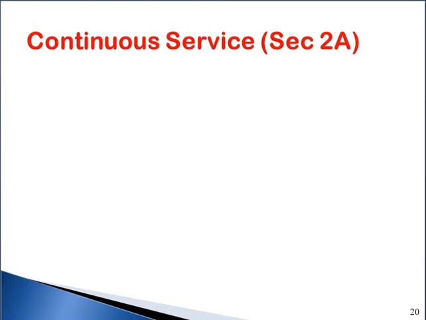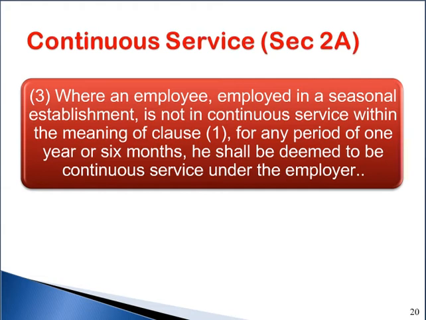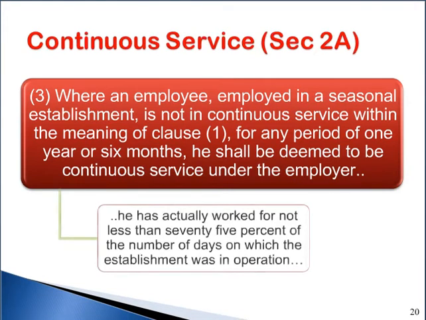The next part of the definition of continuous service deals with employees who are employed in a seasonal establishment. The definition states that where an employee employed in a seasonal establishment is not in continuous service within the meaning of clause 1 above for any period of 1 year or 6 months, he shall be deemed to be in continuous service under the employer for such period if he has actually worked for not less than 75% of the number of days on which the establishment was in operation during such period.